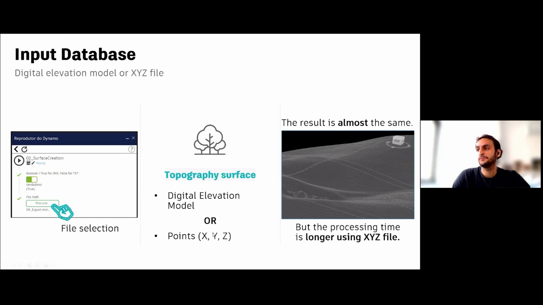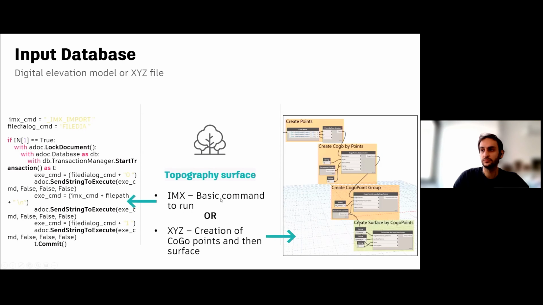So here we know that the process of creating the surface takes a long time normally. So we suggest the user to convert first to IMX using InfraWorks, for instance, and then with the IMX, put it inside CV3D. Thus, as shown, the user can use either IMX or the points.